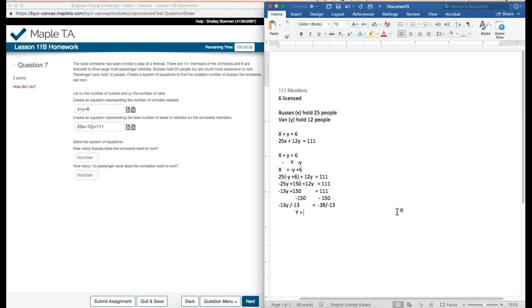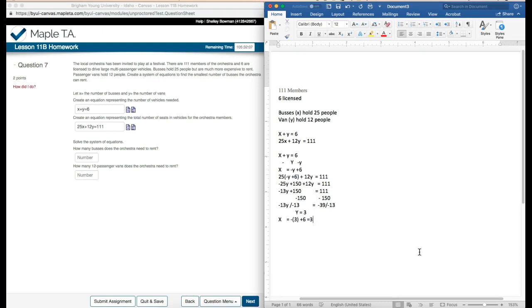And negative 39 divided by 13 gives me positive 3. And then I'm going to take my equation that I've already solved for x, which is fast, and substitute in what I got for y, again putting parentheses even though it's small, so that I can see that I end up with negative 3 plus 6 gives me positive 3.